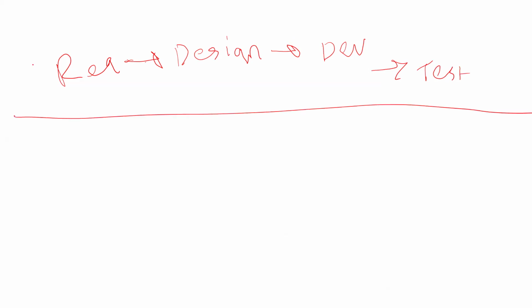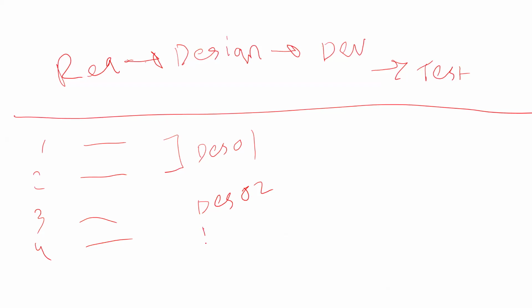Now, what they are trying to say is that 1, 2, 3, 4, whatever requirements the customer is giving, capture those requirements here. Then you say these two requirements are covered in design 01, this requirement is handled in design 2, this is done in the database design.